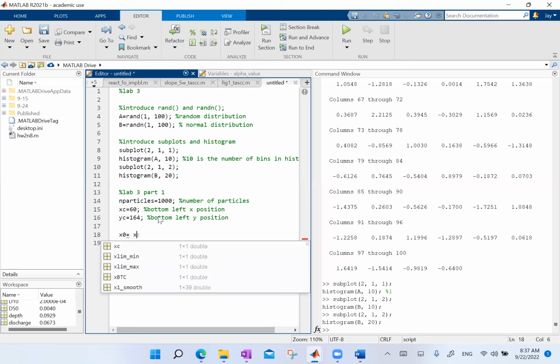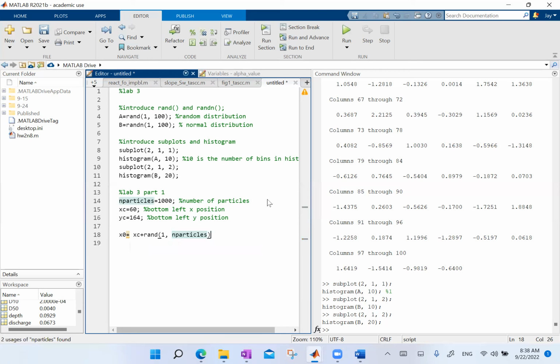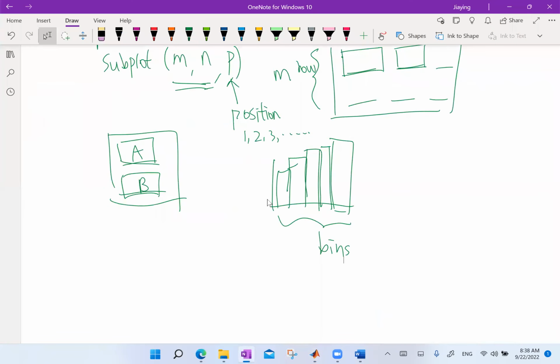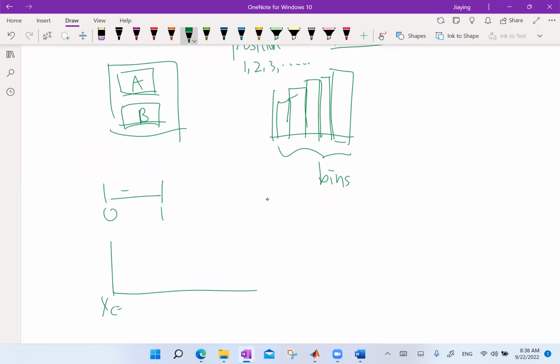That equals XC, the bottom left corner position, plus whatever the random distribution I have, which is going to be rand. It's going to be 1 row, and then the number of particles. But if I just do that, remember that rand is only going to give us values from 0 to 1. And if I start with XC equals 60, it's only going to go from 60 to 61.